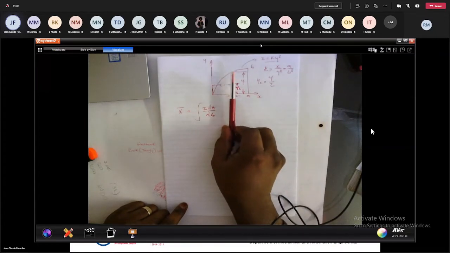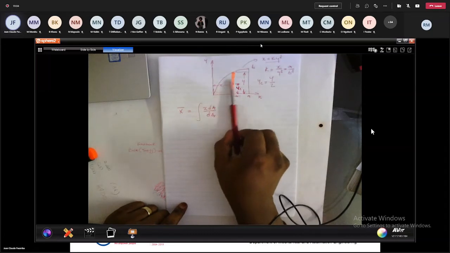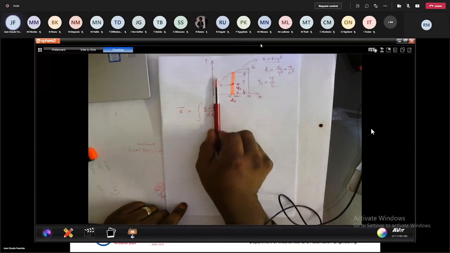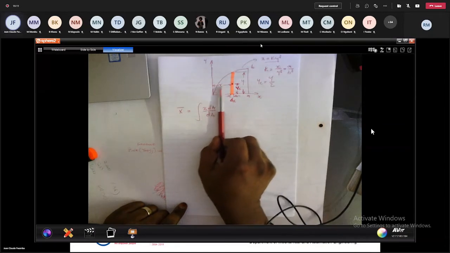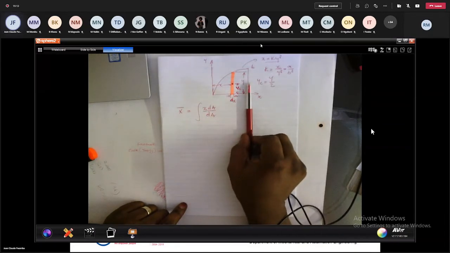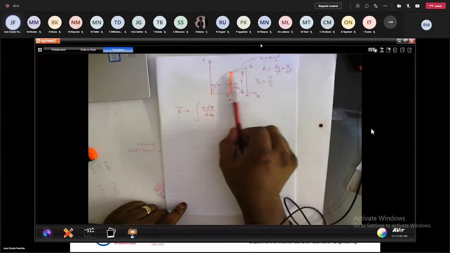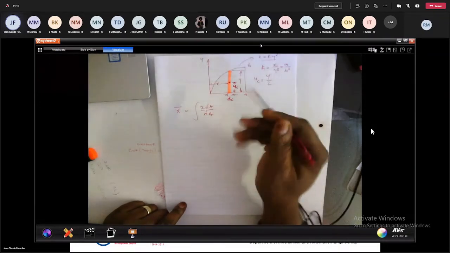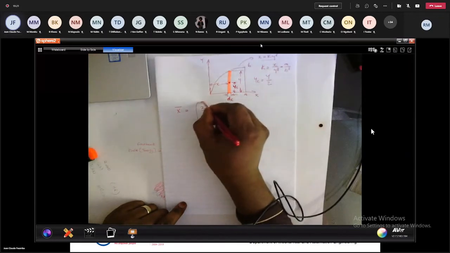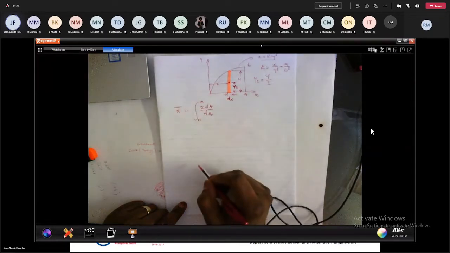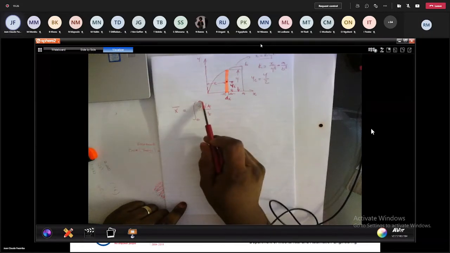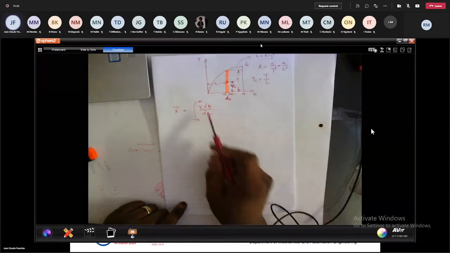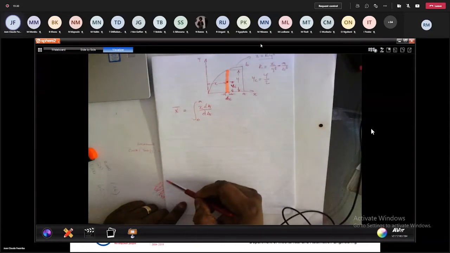In order for my stripe to fill up the whole area under the curve, my stripe has to move from 0 up to A. That is one way of finding the limits, so it will be from 0 to A. Those are my two limits.